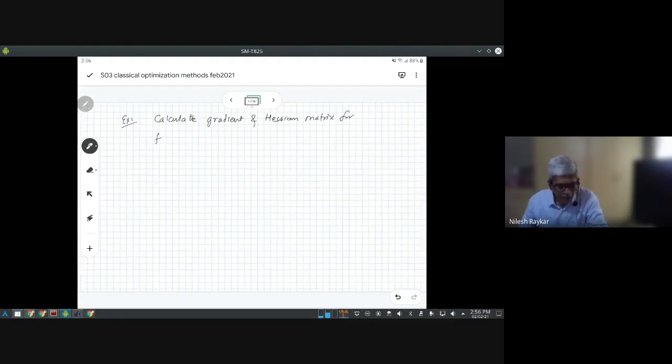The function is f(x bar) = x1 cube plus x2 cube plus 2x1 square plus 3x2 square minus x1 x2 plus 2x1 plus 4x2.